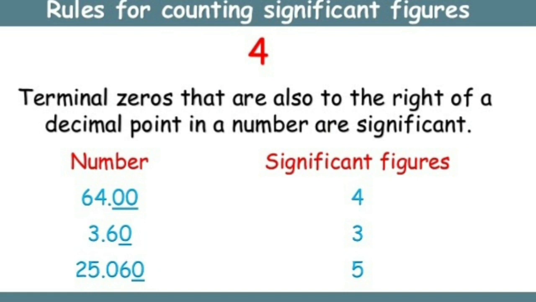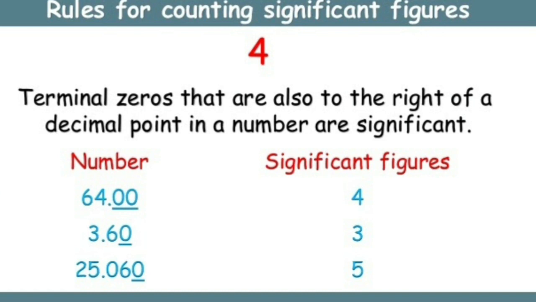Now, terminal zeros that are also to the right of a decimal point in a number are significant. In a measurement, if there is a decimal point, to the right of the decimal point, what zeros come?